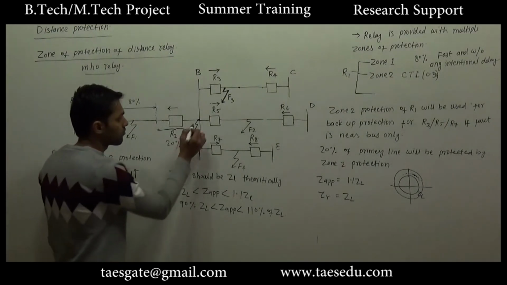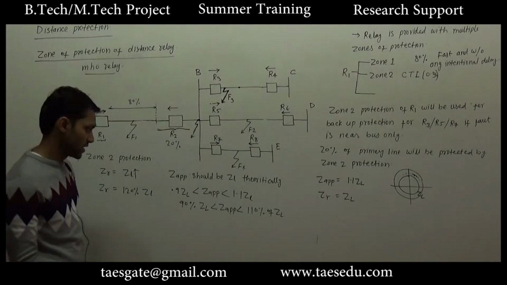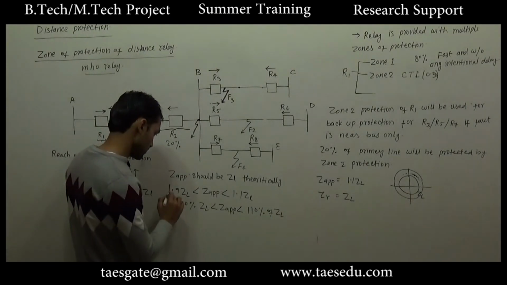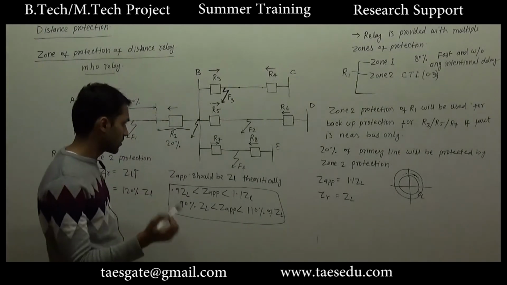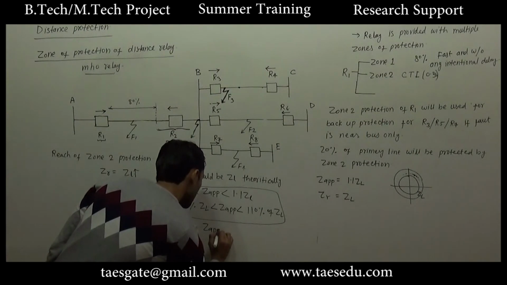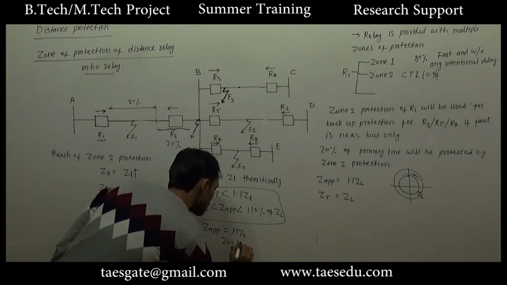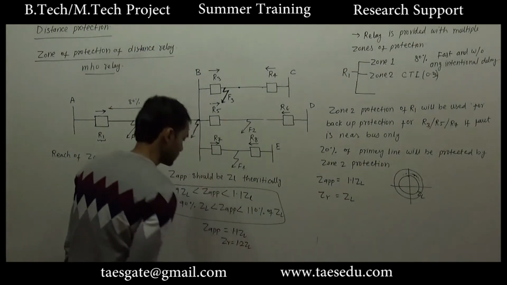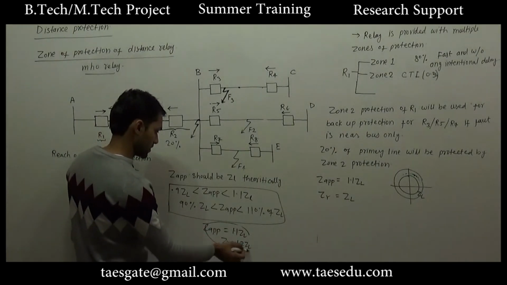So for a fault at this point, even if you have error in the measurement, the error has some prescribed limit, let's say 10%. So for this point, the maximum measured apparent impedance will be 110% or 1.1 ZL. ZR is equal to 1.2 ZL, so ZR is greater than the measured impedance, and this fault will be detected.